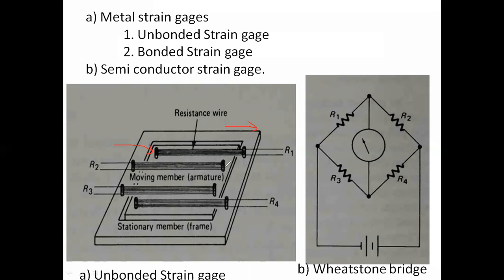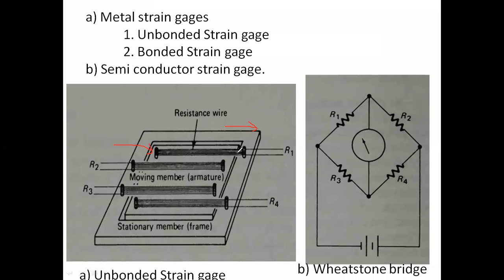Another pole is on the movable member. That's why when this movable member moves to the right side, the wire attached to this insulated pole will also move, the length of this wire will increase, or the wire will be stretched.